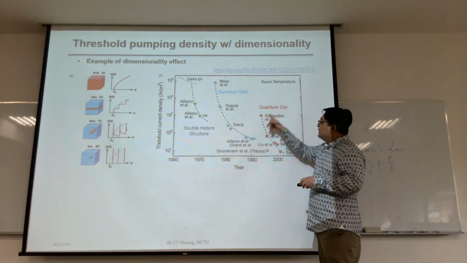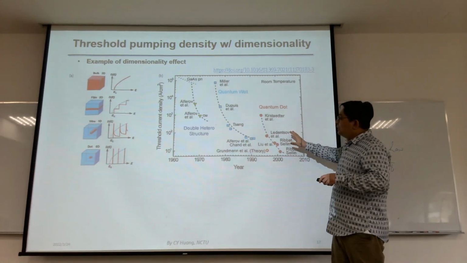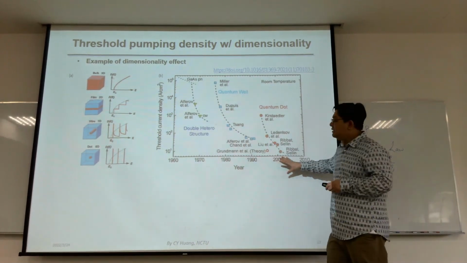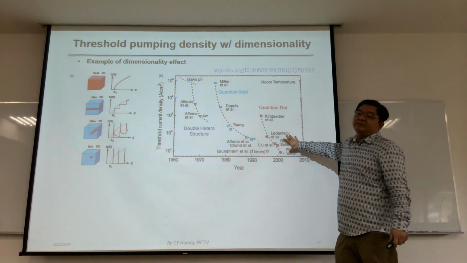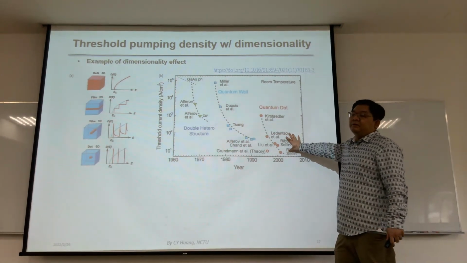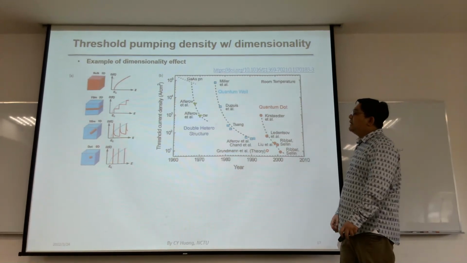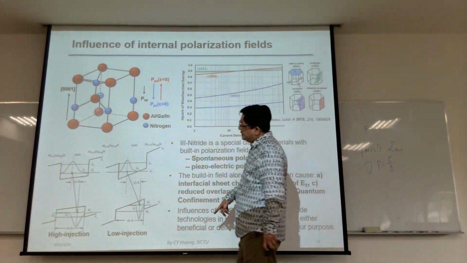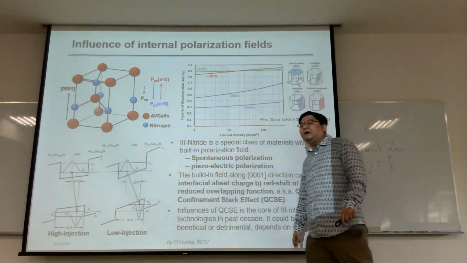Unlike gallium arsenide with a very low threshold current density, where as long as the material is good and the design is correct, lasing is still possible. But for gallium nitride, if the injection current density is high, the overlap function is small. It's still difficult to make an ultra-low threshold.